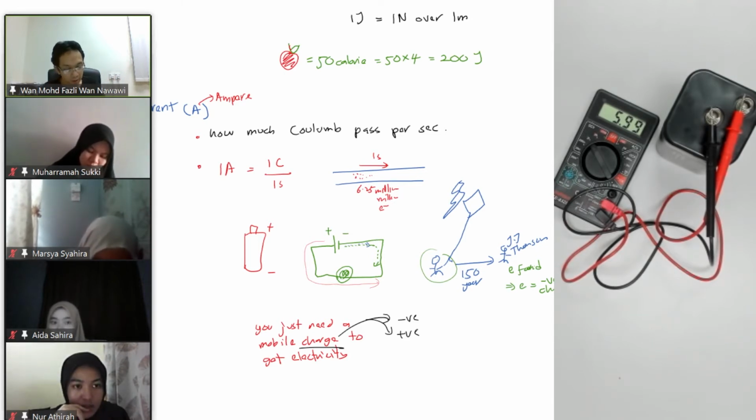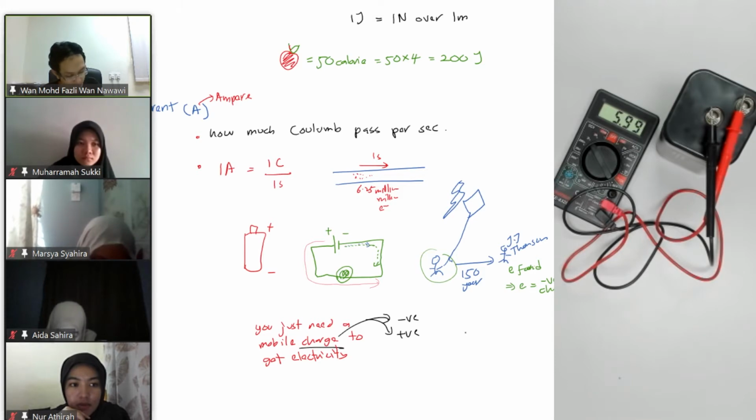So one way to resolve this confusion is that you can view this as the positive charge moving, because when you have something positive, you also have something negative.